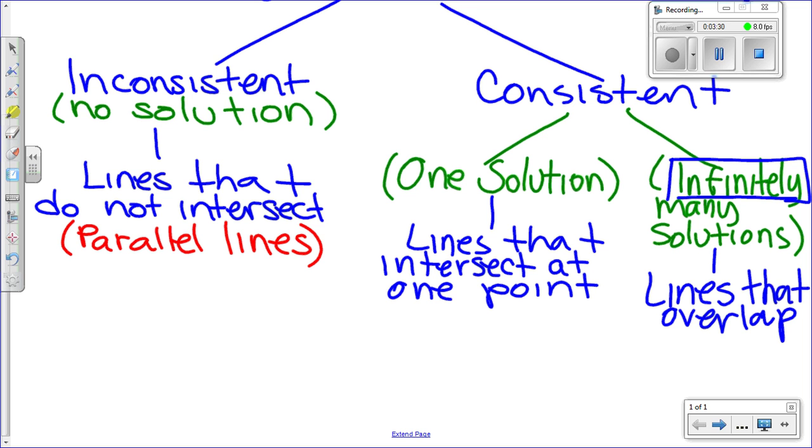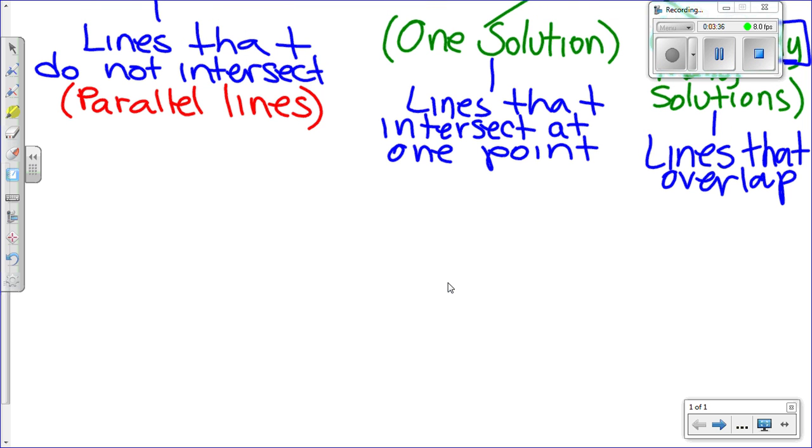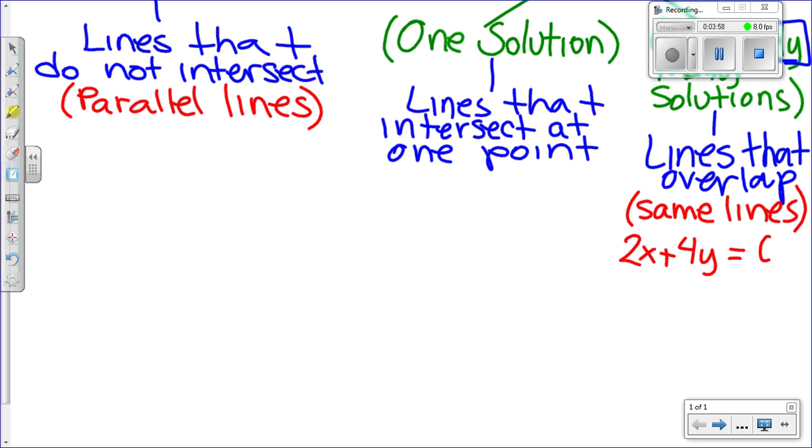And so if there are two lines that are overlapping, we could say that maybe they are the same line, and it could just be written in a different form. An example of that could be, let's see, 2x plus 4y is equal to 6.